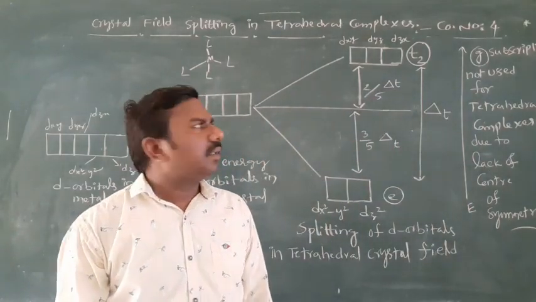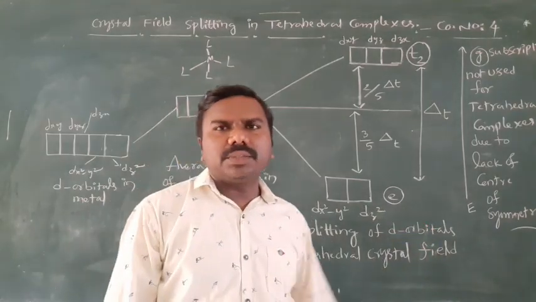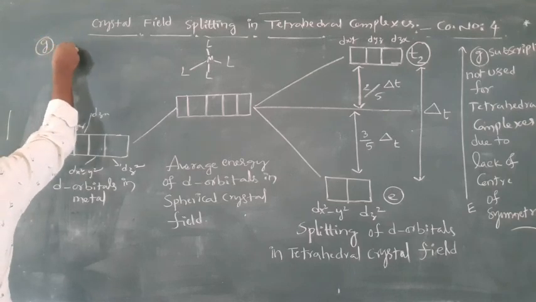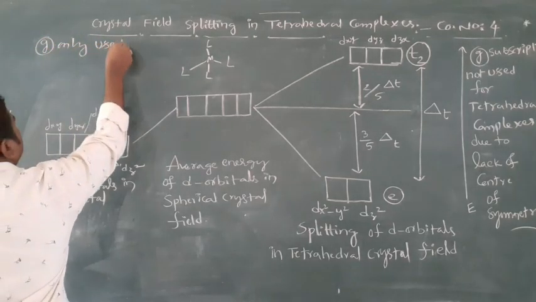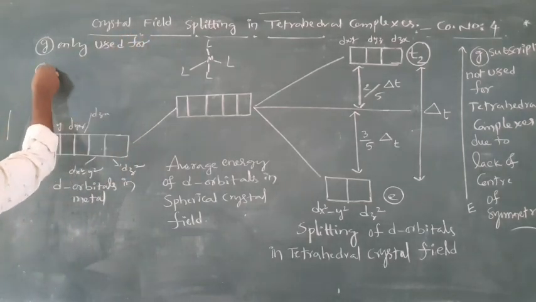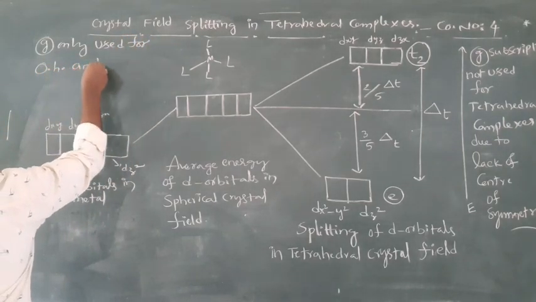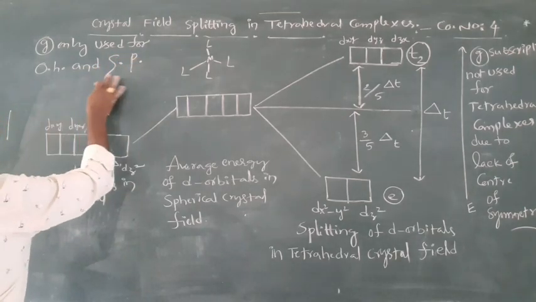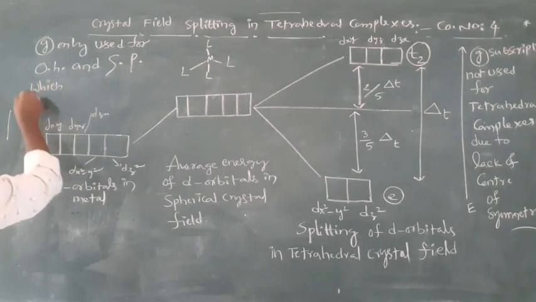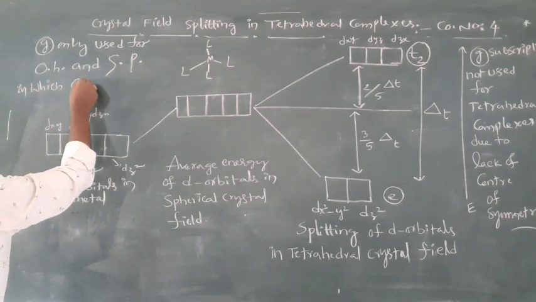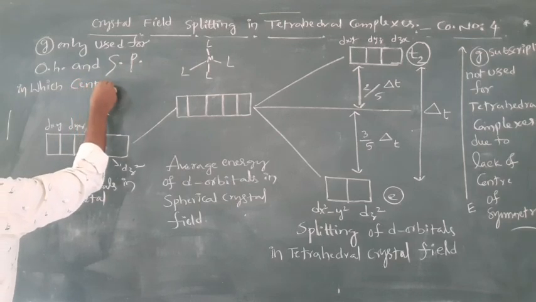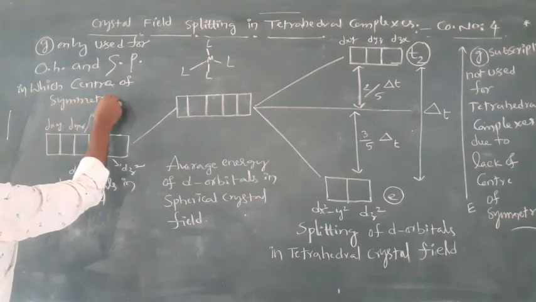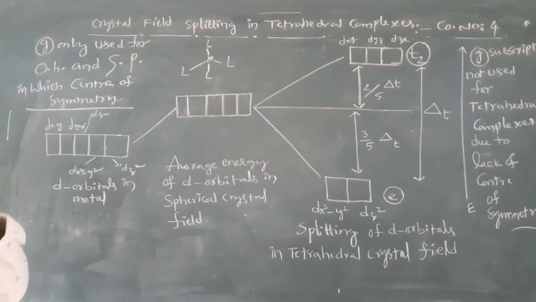Clear? So the g subscript is only used for octahedral complexes and square planar complexes, in which a center of symmetry is present.